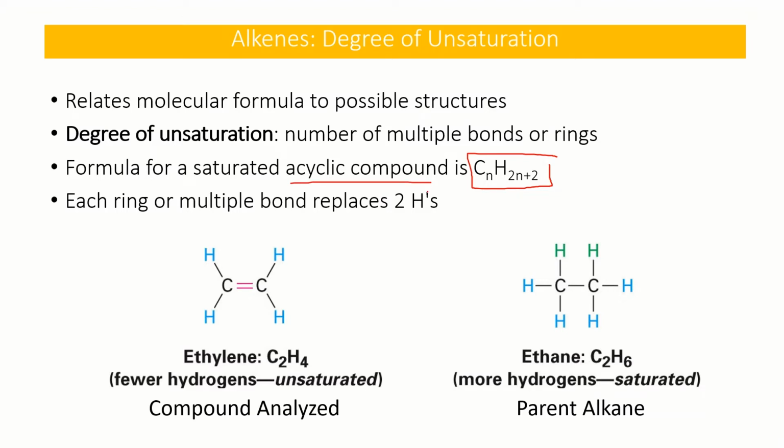In the case of the alkene, we have a formula of CnH2n. This is for an acyclic alkene. Degrees of unsaturation will dictate the number of multiple bonds or rings that we have.